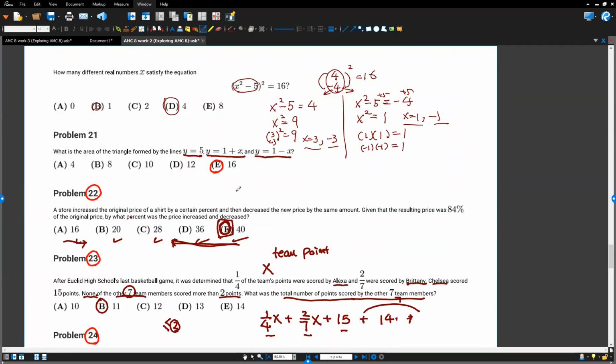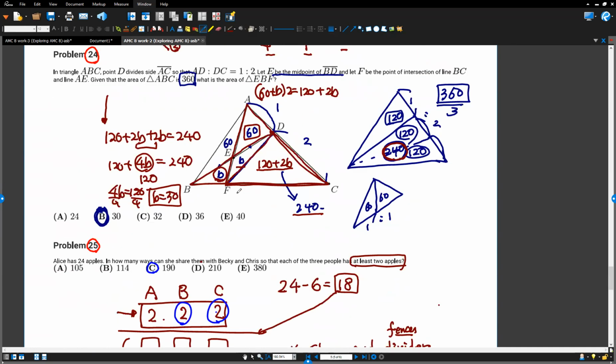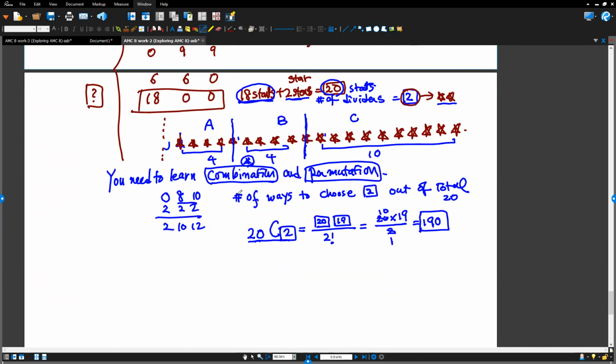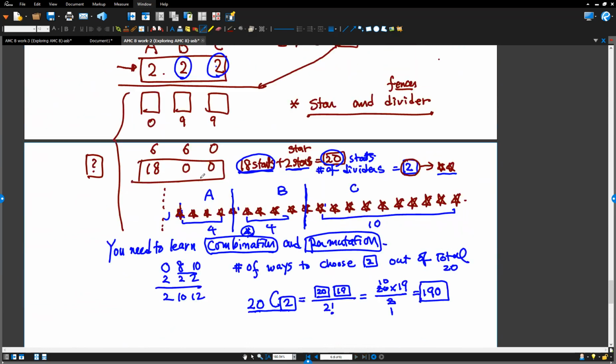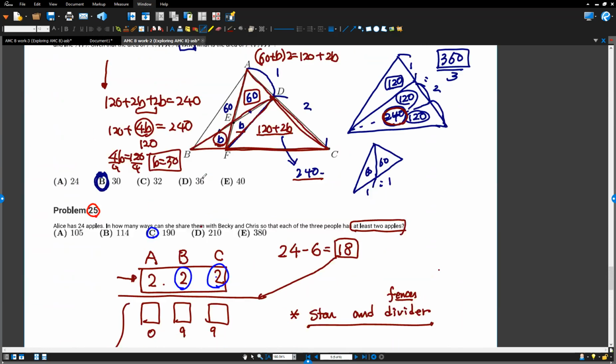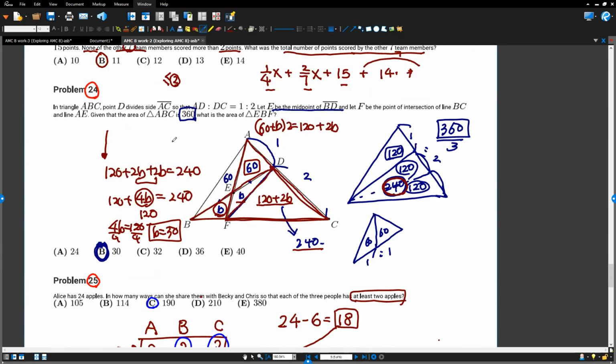Remember 2019, we did number 20. We did everything on this test. Wow. This is a very hard question, so I remember that.